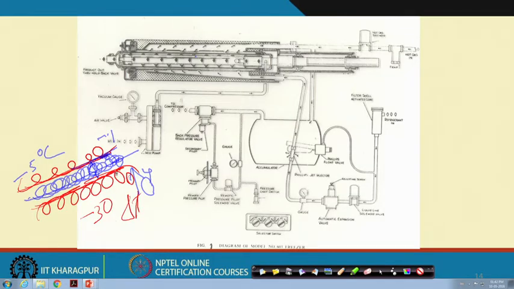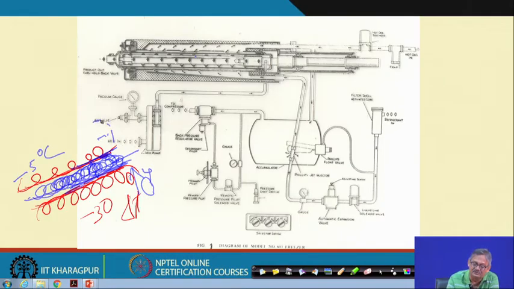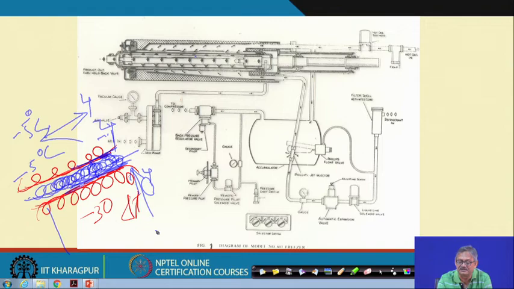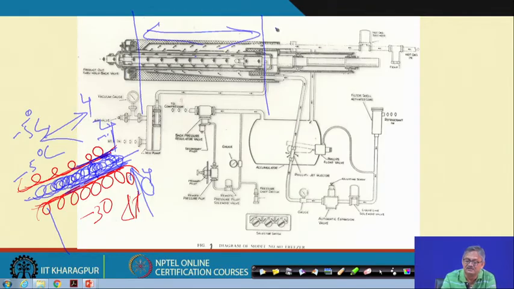It mixes with the remaining ice cream liquid, whose temperature gradually goes from plus 4 to minus 5 degrees along the entire length of the freezer, and then comes out.